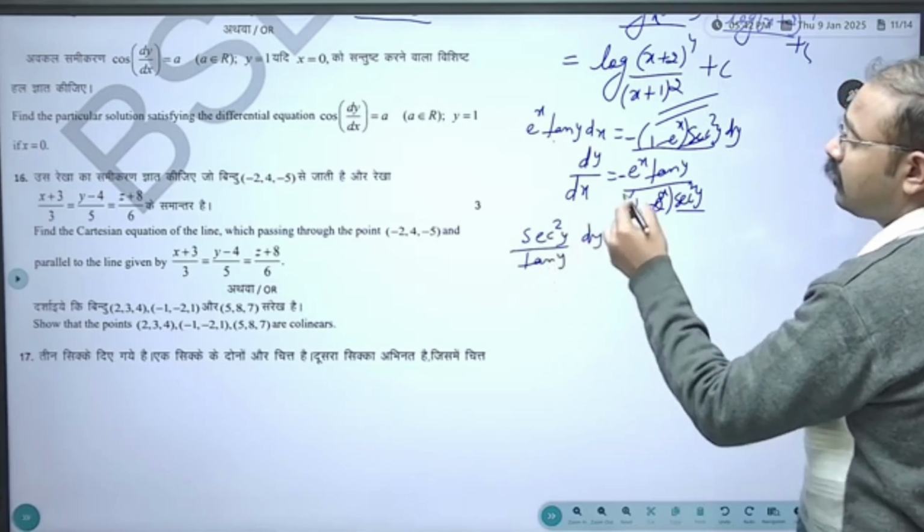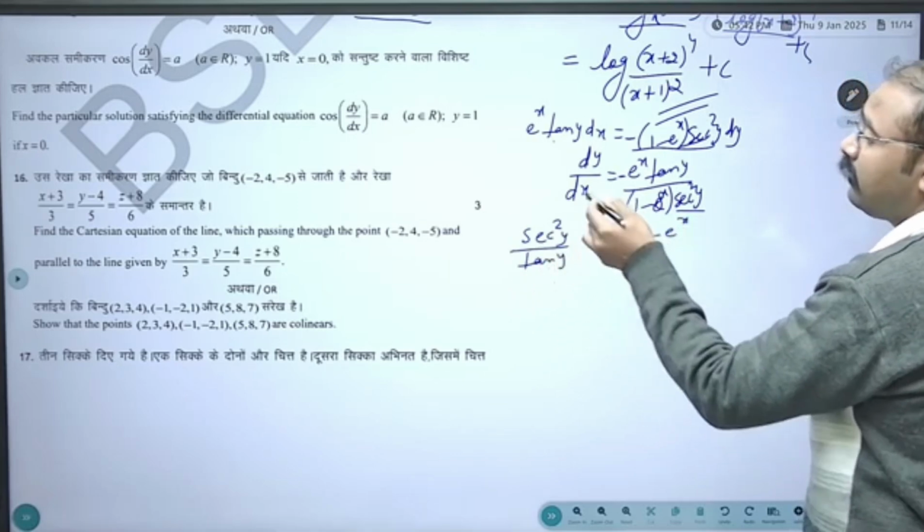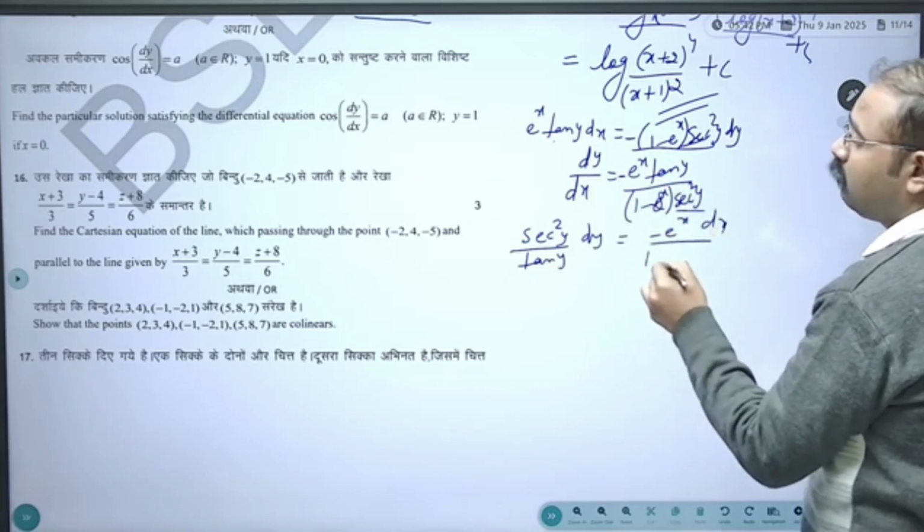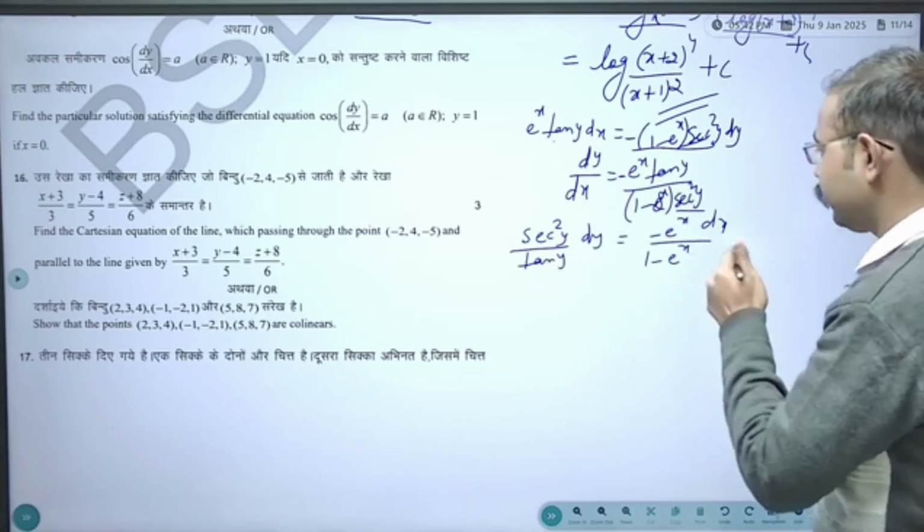Here dy on this side, minus e raised to the power x dx will go upside upon 1 minus e raised to the power x.